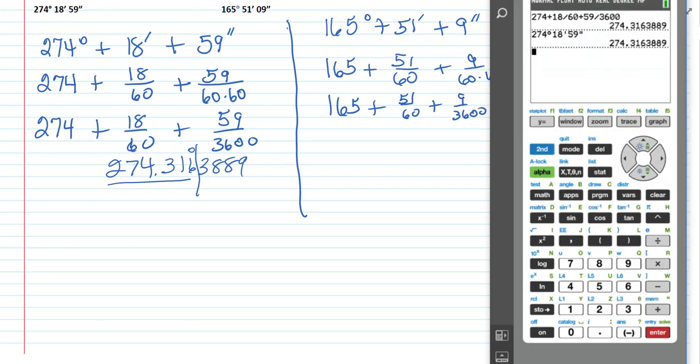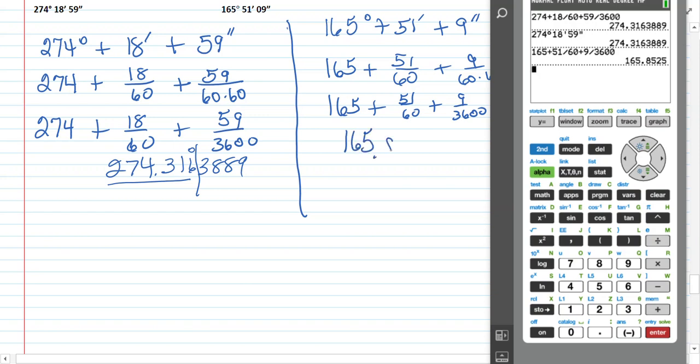All right, let's do our calculator. 165 plus 51 parts of 60 plus 9 parts of 3,600 in, and I get this number, 165.8525. So if I'm doing 3, I'm going to have 165.853 degrees.